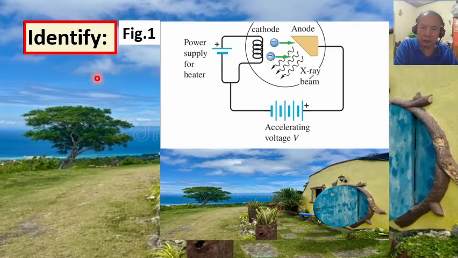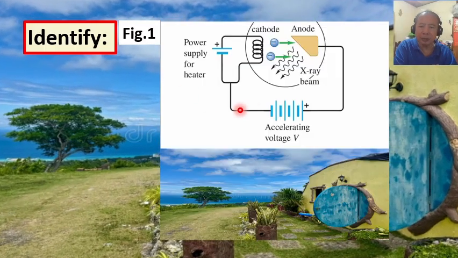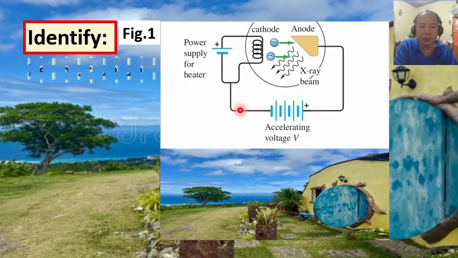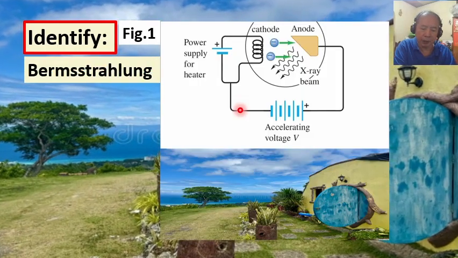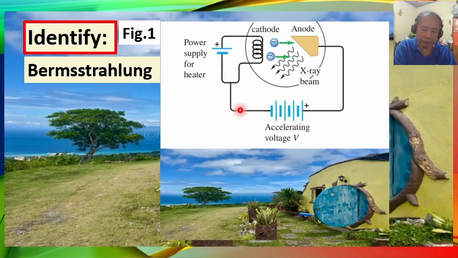Shown in the illustration in figure 1 is an example of Bremsstrahlung, the German word for braking radiation.